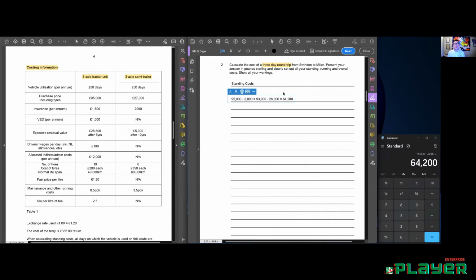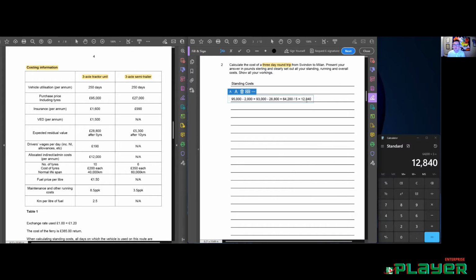So that's the cost that I've got to try and recoup in any job that I do. But again, I need to find that out as a daily cost. So I'm going to divide that first of all by 5, because that's how many years I own the vehicle. That will give me a yearly cost. Divided by 5 is 12,840.